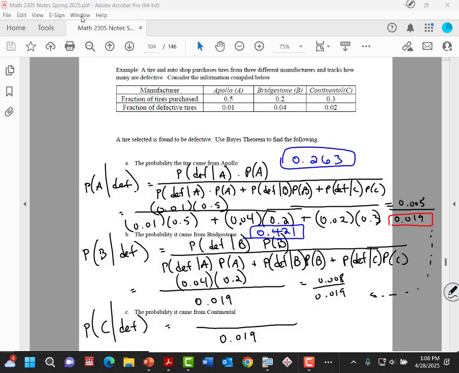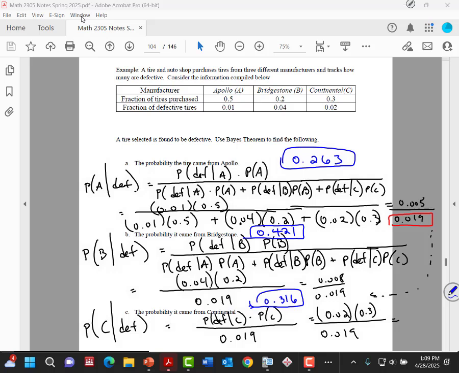And in the numerator, this is simply the probability that it is defective given C times the probability of C. So this would be 0.02 times 0.3 divided by 0.019. And if we divide all of that out, we get 0.316. So this is the probability that the tire came from Continental.